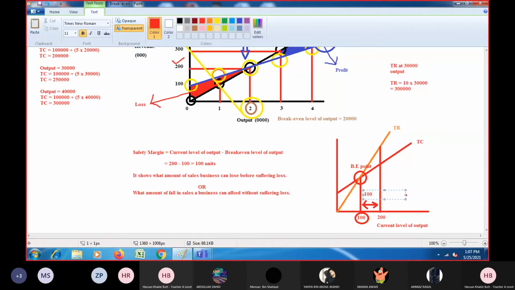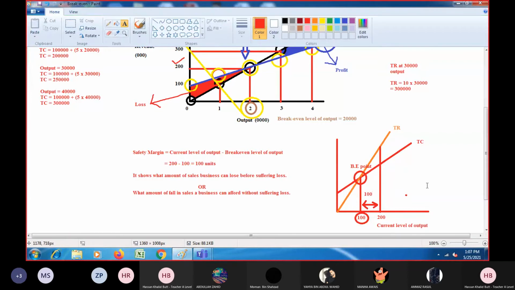If they are losing sales, is it in the range of the safety margin? Like if the safety margin is 100 and they are losing sales by 20 every month. First month they lose 20 units, next month another 20 units, and the third month another 20 units. So it will make it 60.